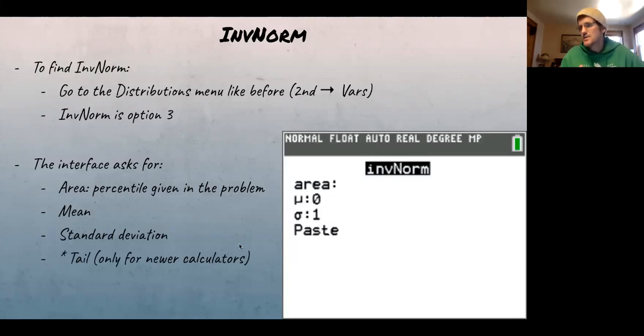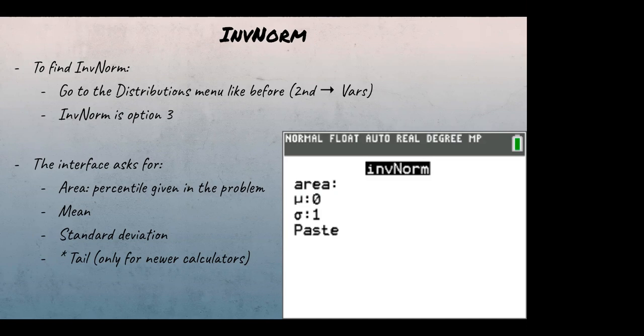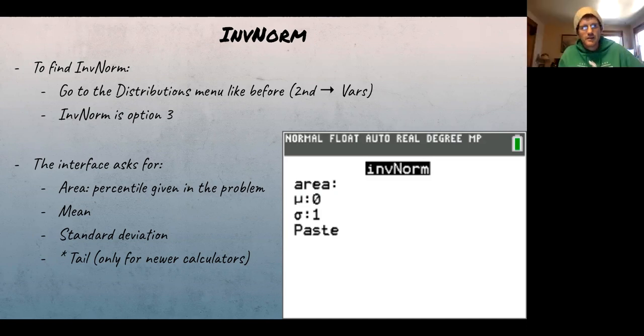And this is where maybe it's good to find out right now. If anyone has the TI Nspire, then you have another option that says tail, which is left, right, and center, I believe. Does anyone have a TI Nspire at home and that's what they're using? Mine's a TI-84 Plus CE, but it still has the tail option. Okay, it has the tail option. I know the school issued calculators don't have that. I'll explain the differences there.